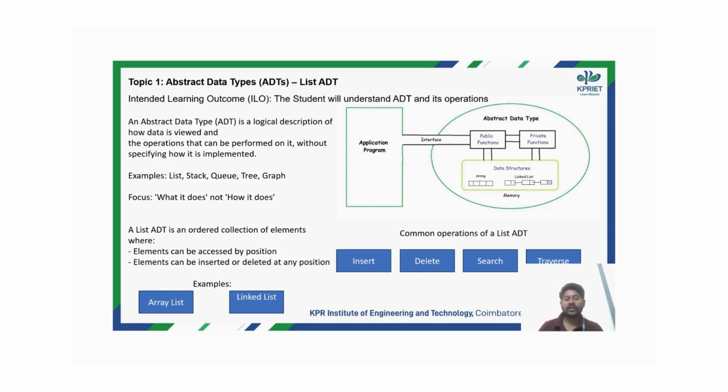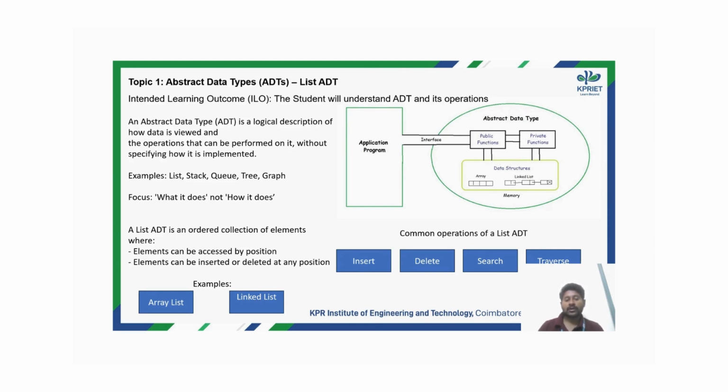So how is data viewed? This 5 is viewed as an integer, and what operations can be performed with the number 5? We can add it to another number, we can subtract it from another number, we can do any other mathematical operations on that number, right?